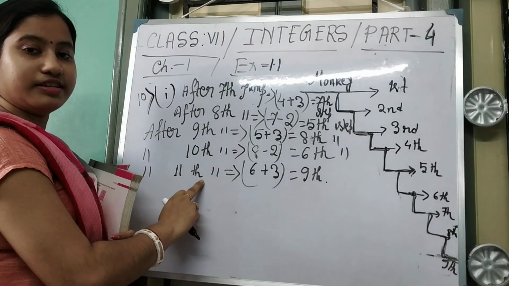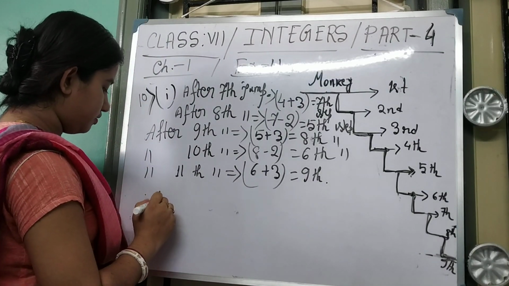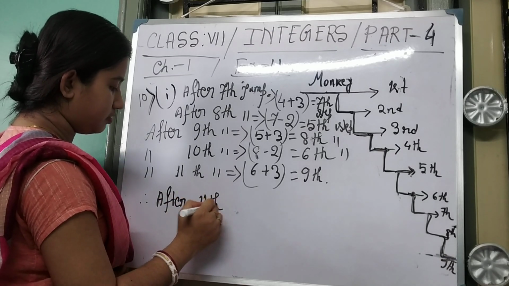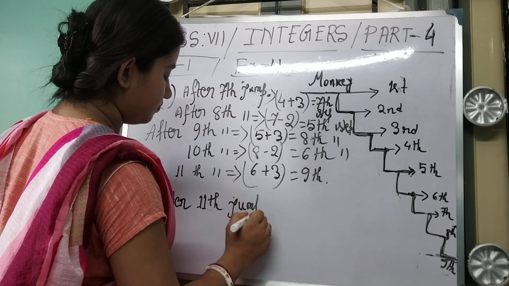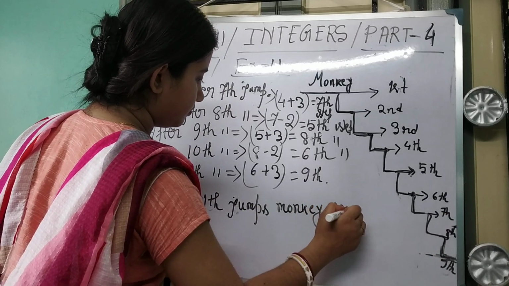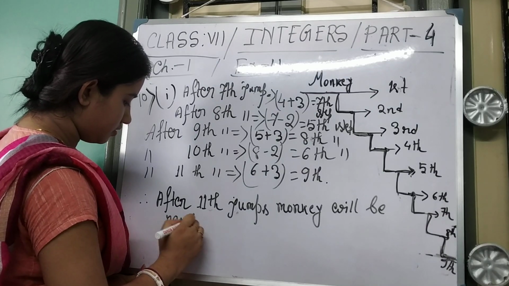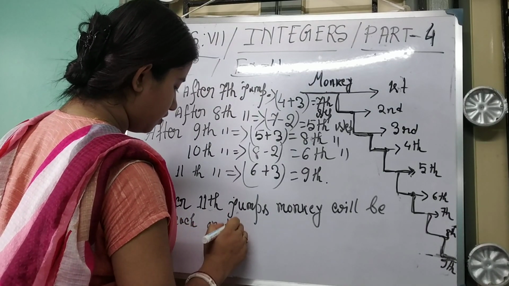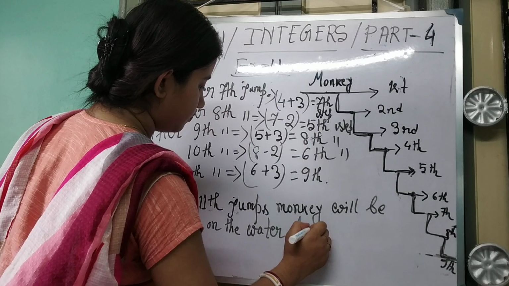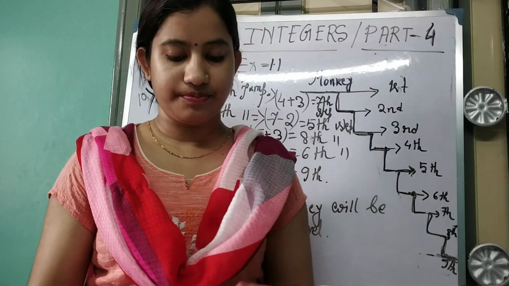So after the 11th jump, the monkey will reach the water level. This is the required answer, and this is 10 number 1.